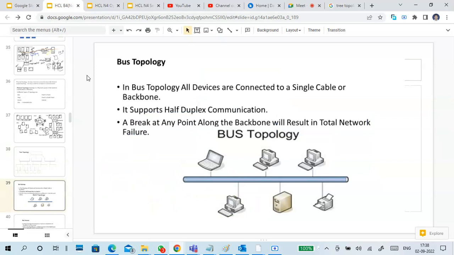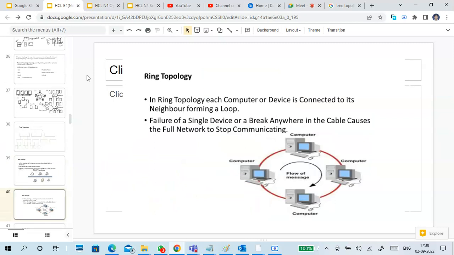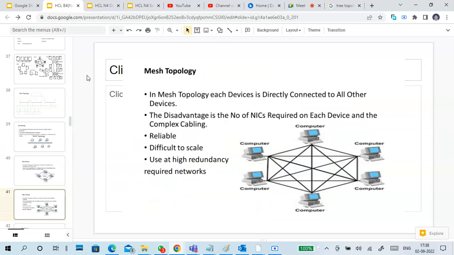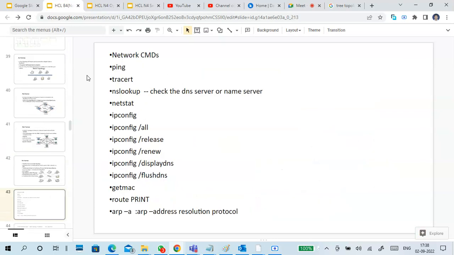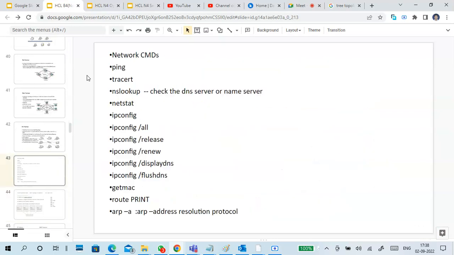Of course, that is the explanation of bus topology. What is a bus topology, what is a ring topology, what is a mesh topology, what are star topologies.